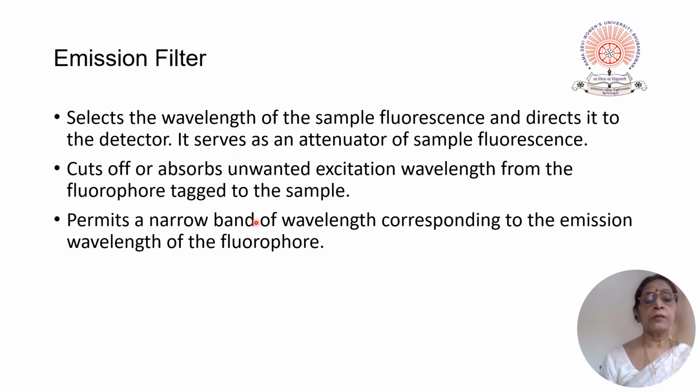So it cuts off or absorbs the unwanted excitation wavelength from the fluorophore tagged sample, and it permits only a narrow band of wavelength which corresponds to the emission wavelength of the fluorophore. And this produces the final image in the microscope.